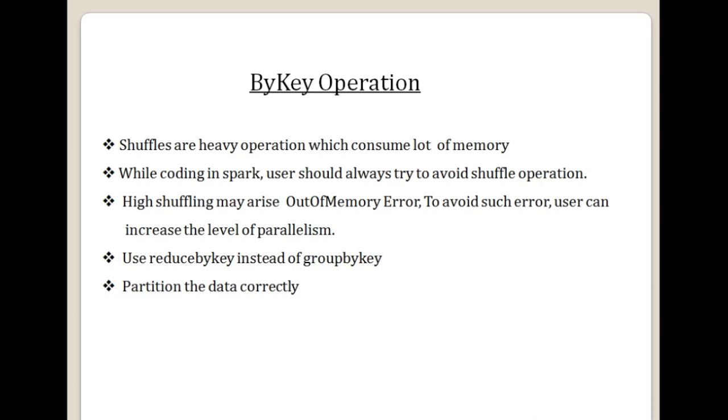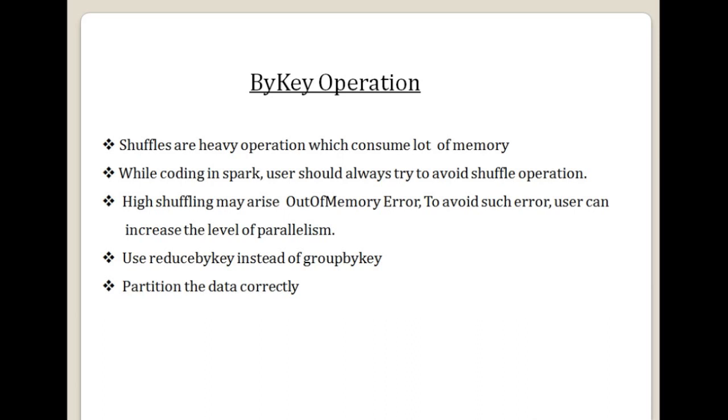Next, ByKey operations. As we know, during our transformations in Spark, we have many ByKey operations. ByKey operations generate a lot of shuffle. Shuffles are heavy operations because they consume a lot of memory.